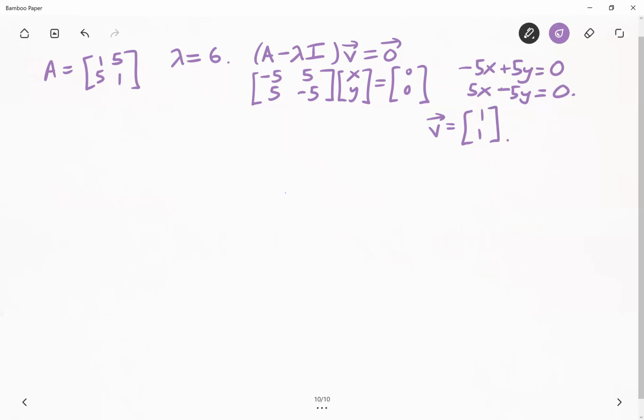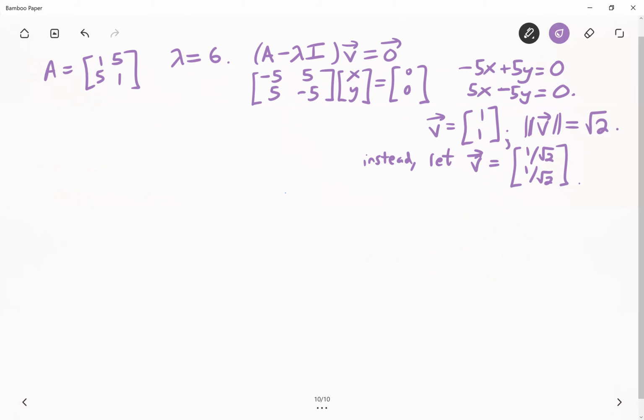Since the length of v is the square root of 2, instead let's let v be the vector 1 over radical 2, 1 over radical 2. And so there's our first eigenvalue and eigenvector.